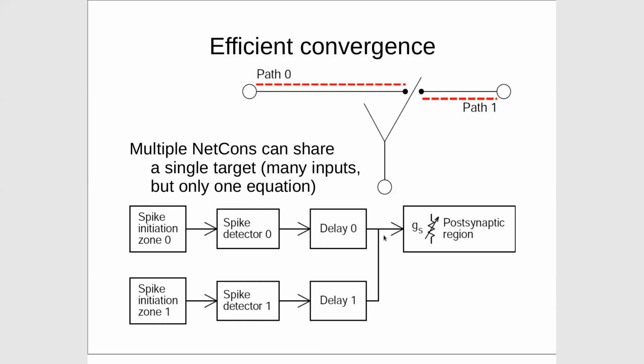All right. But the neat thing about this is that no matter how many paths converge on that single mechanism, only one bag of ODEs is required to govern it. So if we had 50 GABA A synapses attached to a cell body, think basket cells in our network model, we only need one GABA A representation attached to the cell body, and it can handle 50 different afferent streams.